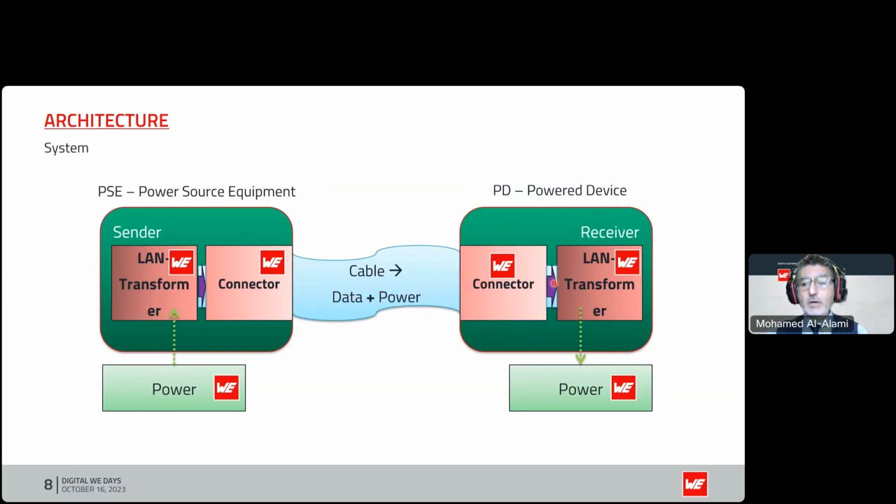At the connector, the power is siphoned off at the transformer end, the data goes through to the PHY, and then the power is regulated accordingly. So this is just an overview of the system. We'll dive a little deeper on the next slide to show you how this power actually gets moved through.